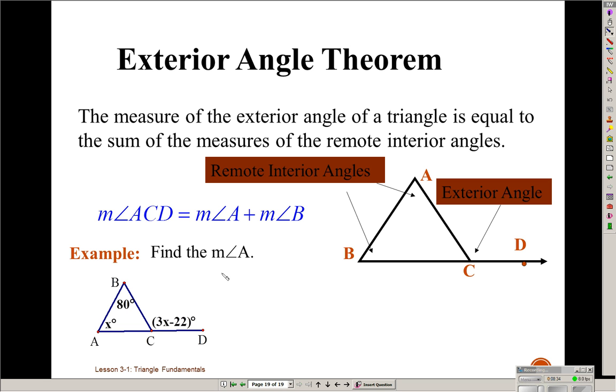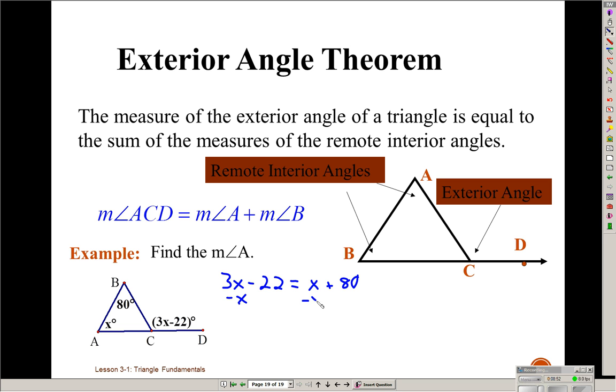So I know that the exterior angle equals the sum of the remote interiors. Add up the remote interiors to equal the exterior. I can solve this and then find the measure of angle A.